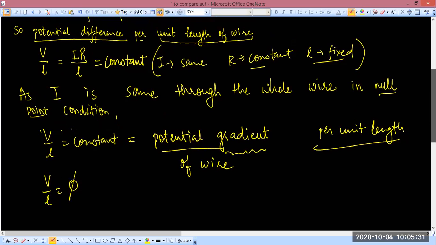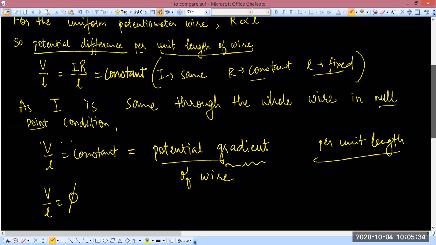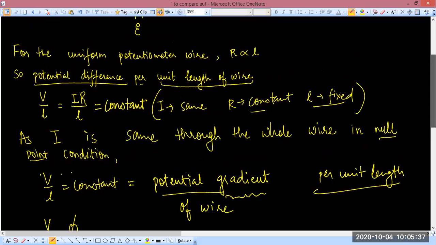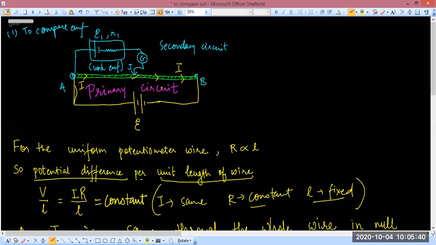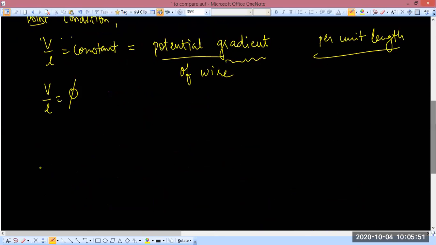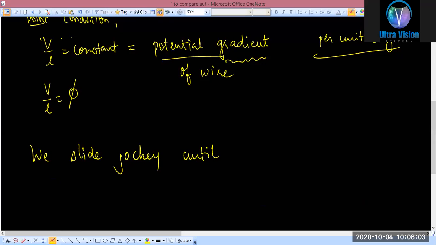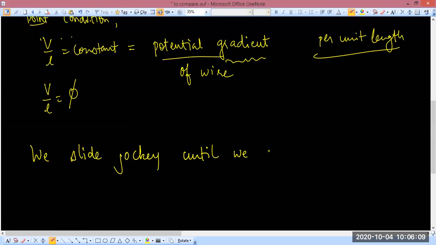Now, based on this, if you have understood this much, the rest is quite small. So let's start. We slide the jockey until we find the null point.